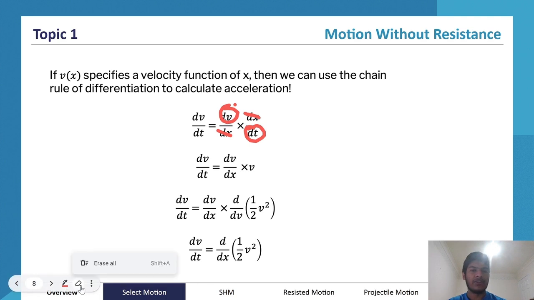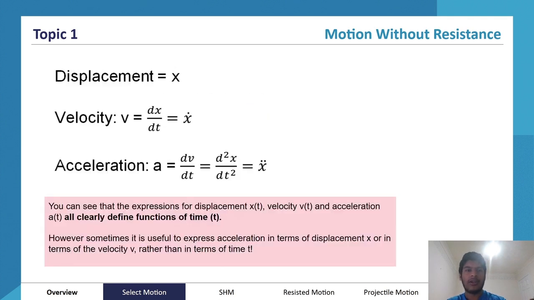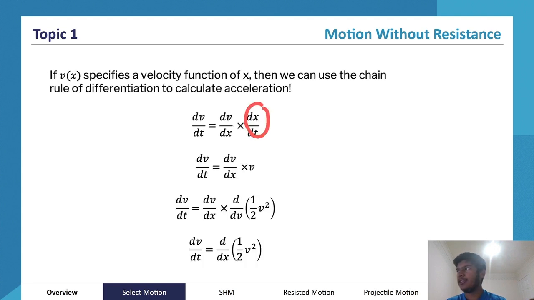So we can say dv on dt is dv on dx times dx on dt. So dv dt is therefore dv dx times v. The reason we can say that is, where have we seen dx dt before? Well, if you go back to this slide here, that's just our definition of velocity.